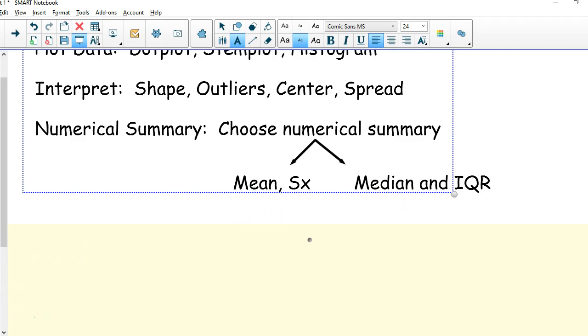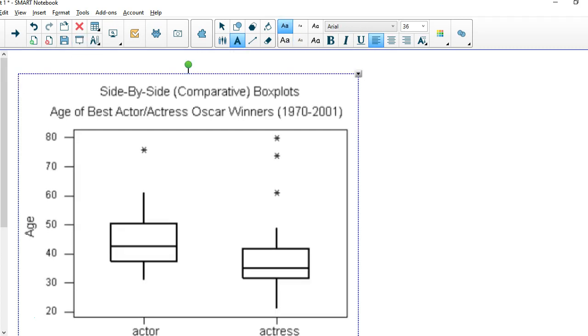Or you need to compare distributions. So that leads me to my last minute and a half and my last slide. I have a side-by-side box plot of two distributions, actors versus actresses, looking at gender and who has won an Oscar from 1970 to 2001.